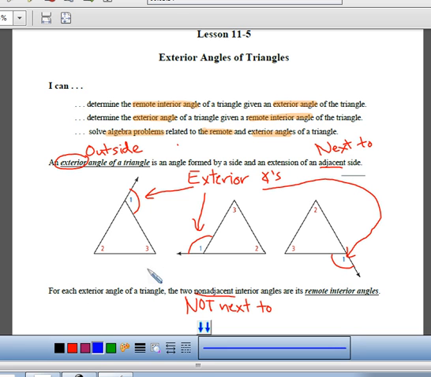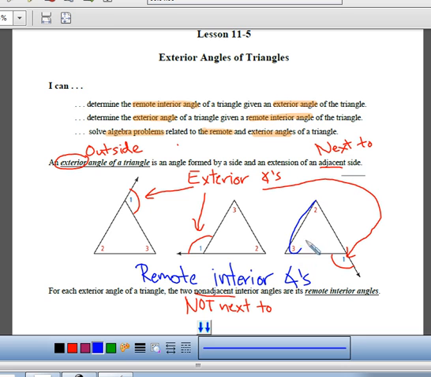So the remote interior angles, interior, remember, means inside, are the angles that are inside of the triangle, but that are not next to this exterior angle.